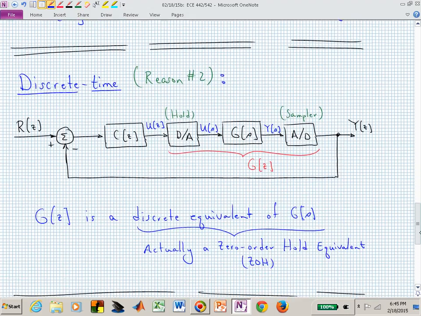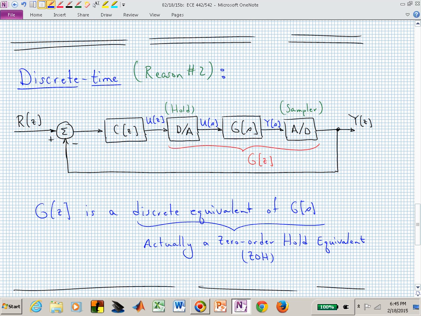The second reason is now what you were looking at when we were studying for exam 1, and you kept seeing this ZOH, zero order hold equivalent. Now we want to replace the analog plant together with the hold device and this sampler.